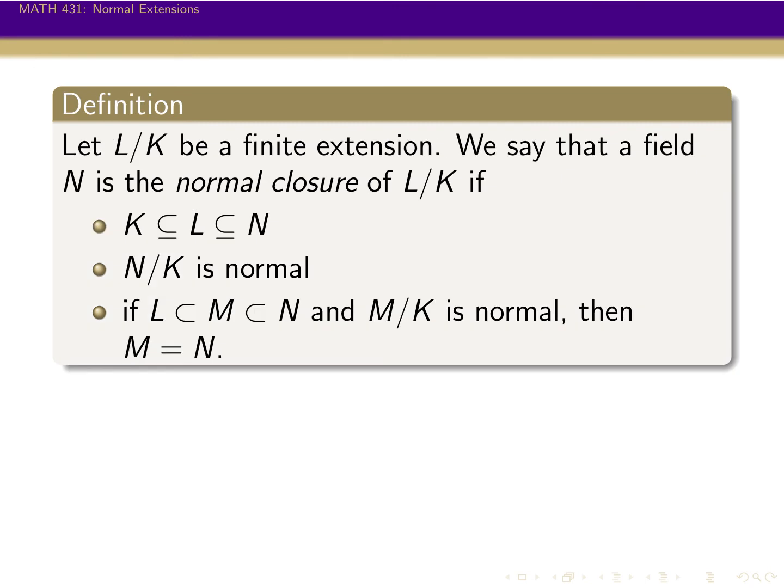Okay, so once we have this idea of normal, we see that it's nice to be in a normal extension. And so this breeds the idea of what we call a normal closure of an extension.